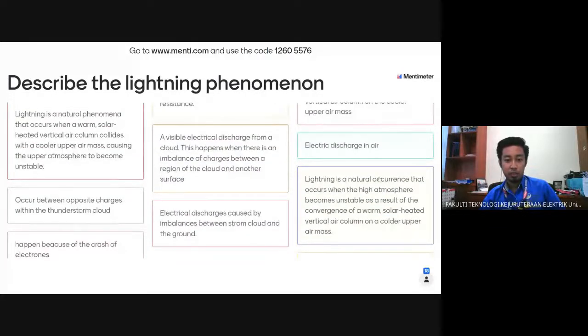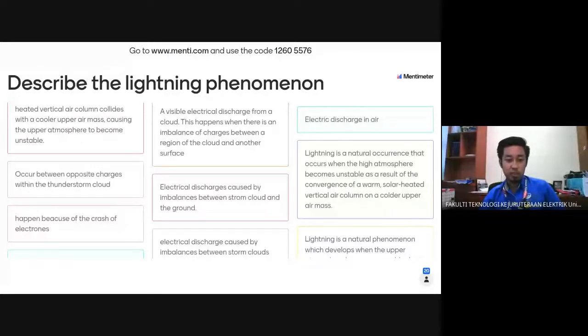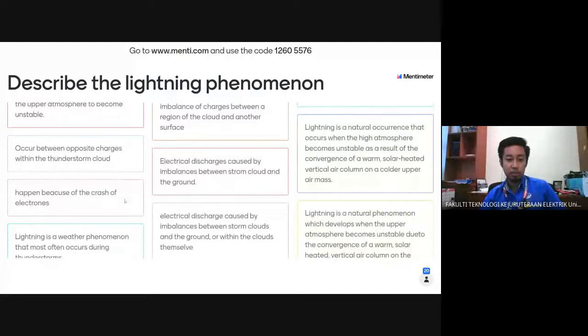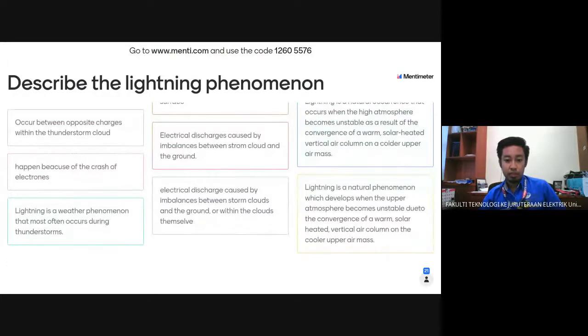Visible discharge from the cloud happens when there is an imbalance of charge. Electric discharge in the air occurs between opposite charges in the thunderstorm cloud, caused by the crash of electrons. Electrical discharge caused by imbalance between storm clouds. Lightning is a natural occurrence that occurs when the high atmosphere becomes unstable as a result of convergence of warm air.